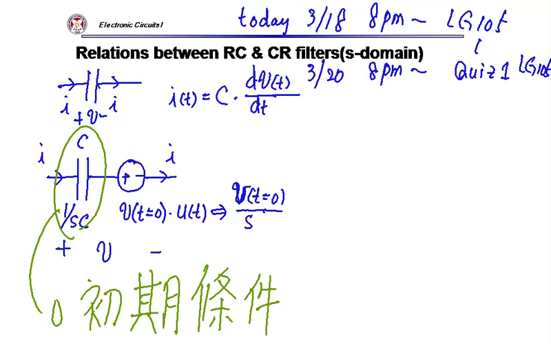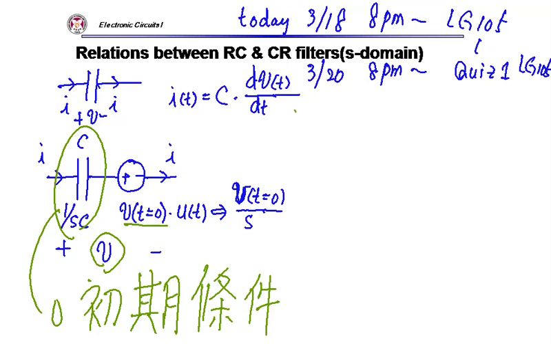Zero initial condition and initial voltage. It makes sense, right? At t equals 0, the voltage across those two elements is this value, V(t=0), right?